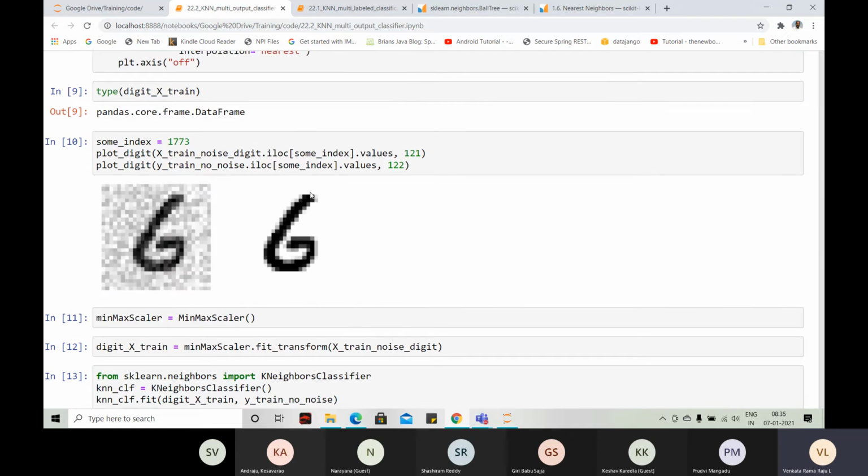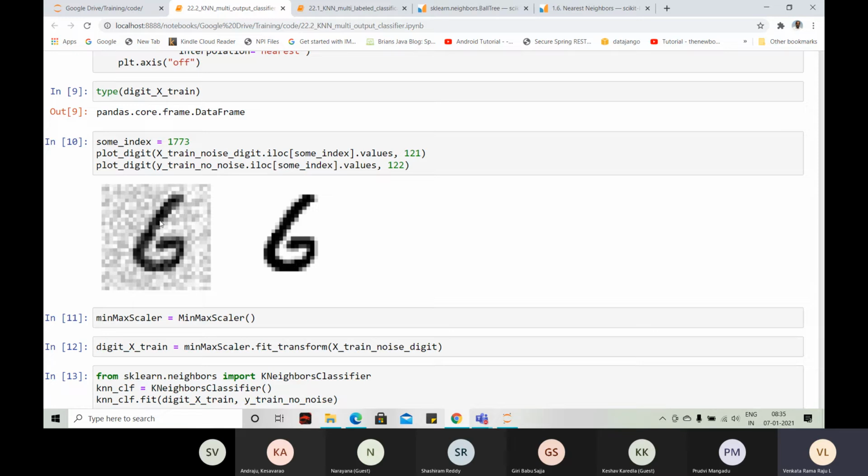I have the original numbers also. In the blurry number also I have 784 pixels, and each cell has a number between 0 and 255. And the original picture also has 784 pixels. Each cell has a number between 0 and 255. Input has 784 pixels, output has 784 pixels.